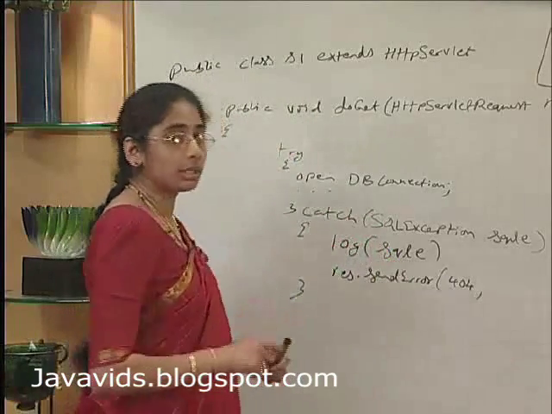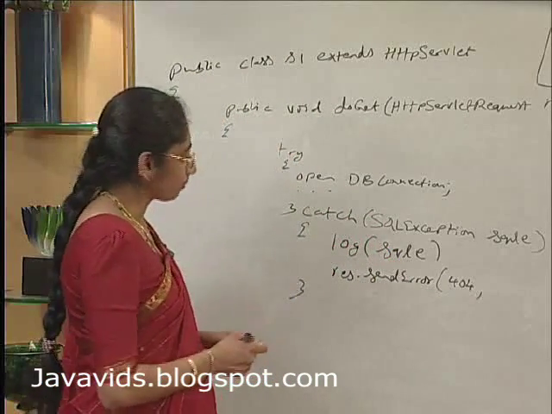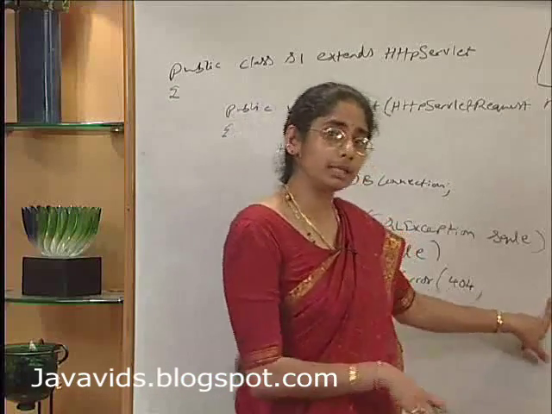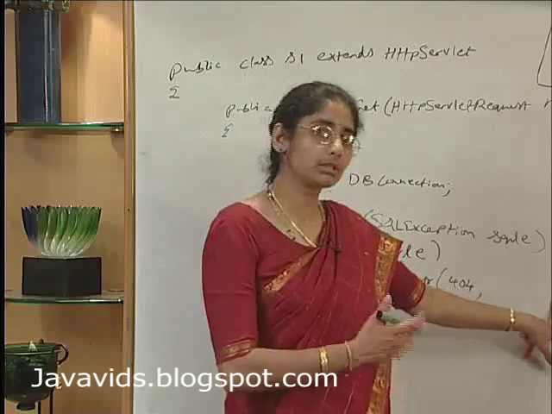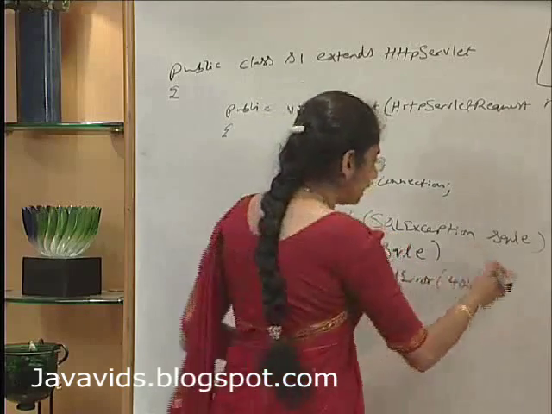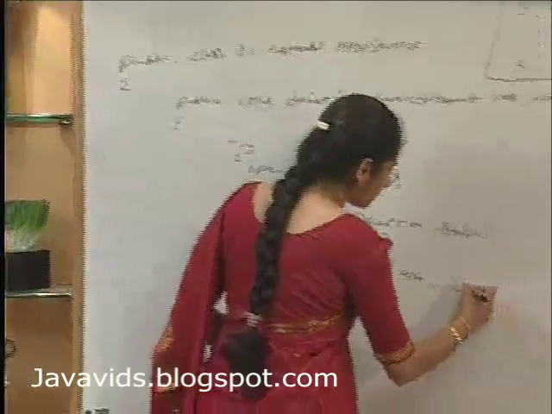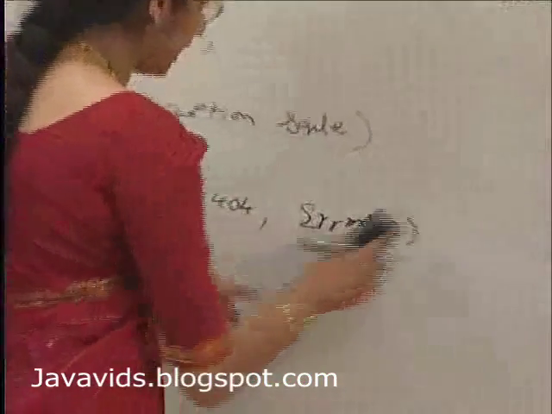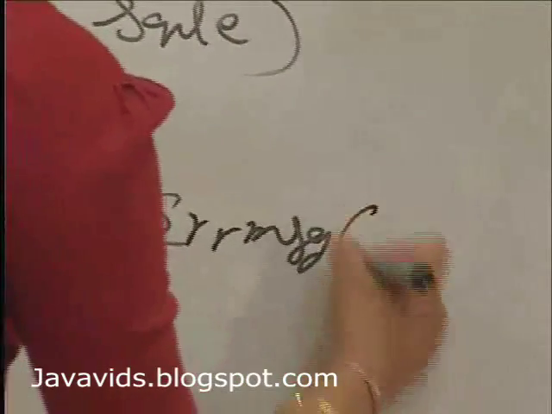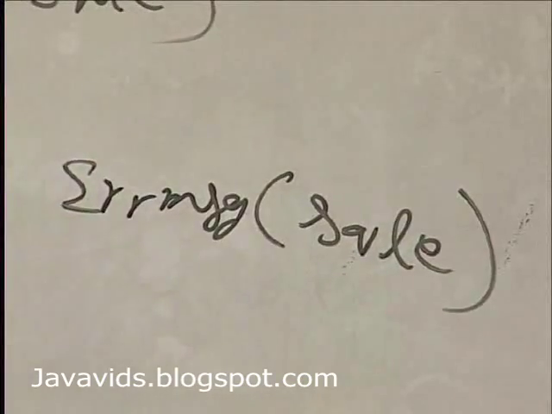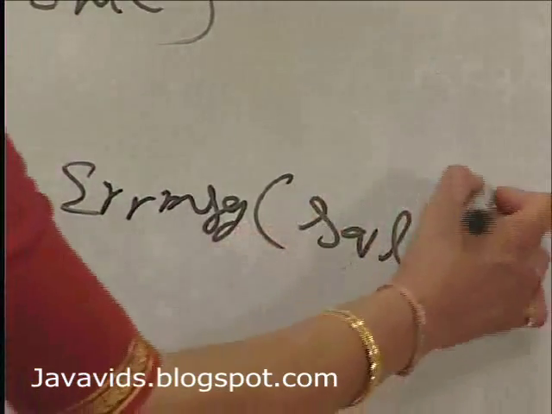So if at all you want to execute this, here I need to pass a string value, right? So let us write a user defined method which is going to return a string for the stack trace. And let's call that method ERRMSG. And to this ERRMSG, we will pass the exception object, so we can do a stack trace out there in that method.